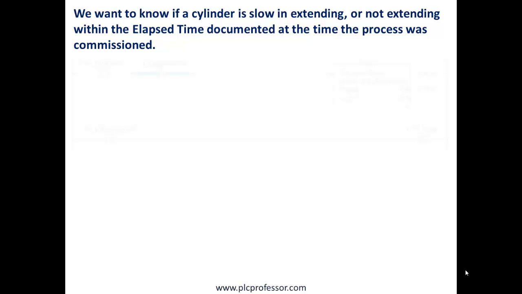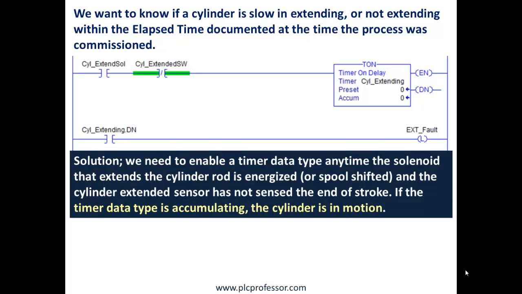This is the basic logic to monitor the interval between command and completion of the extend and retract cylinder and declare a fault if it is excessive. Of course, the timer presets are determined at the time of commissioning of the machine and are unique to each cylinder on the machine.